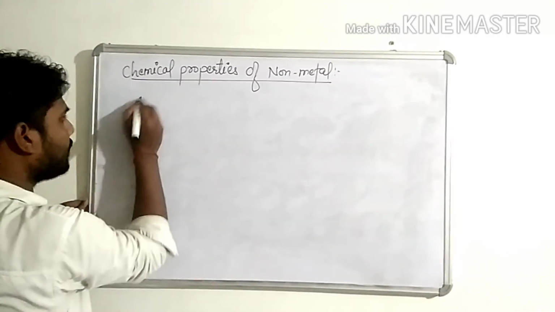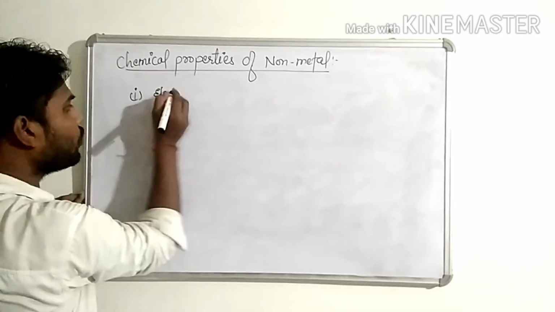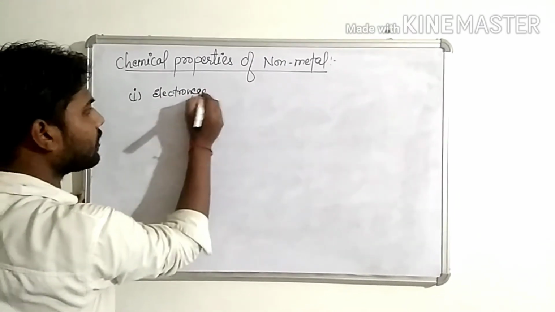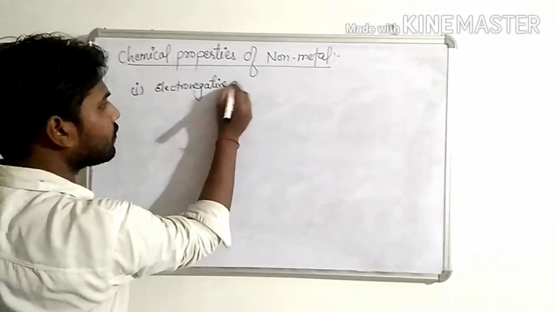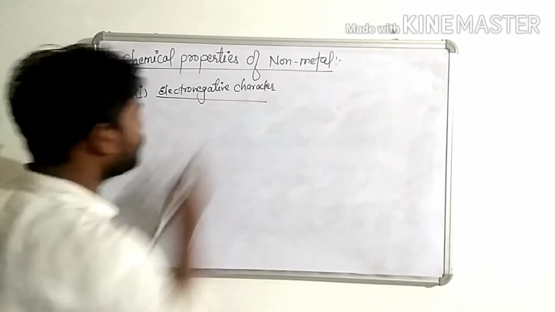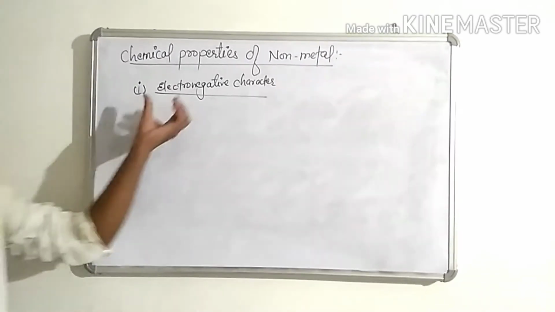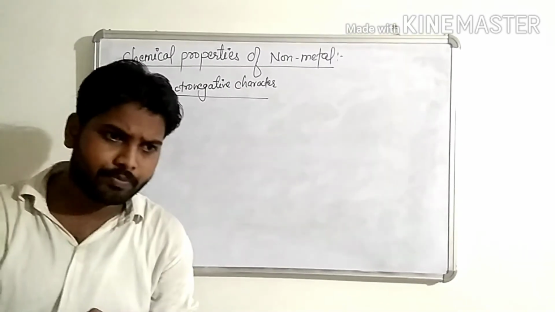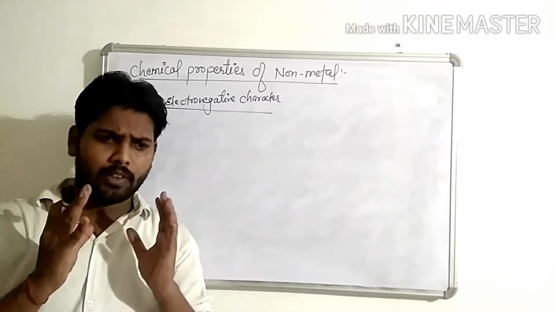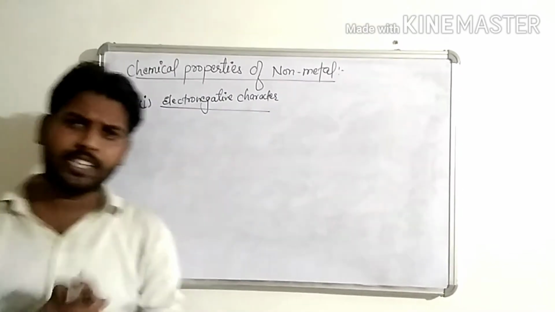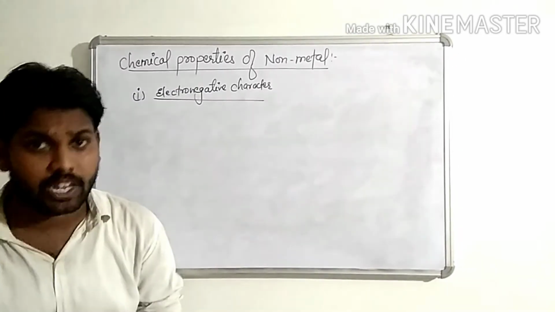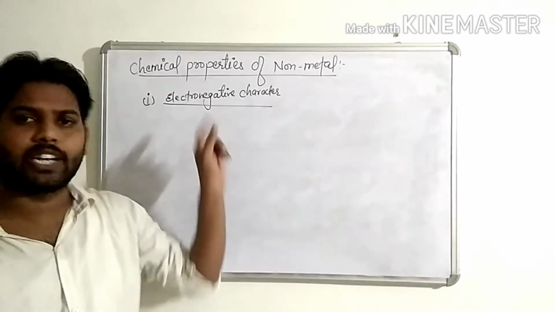The first chemical property is electronegative character. The word electronegative means the element which has a tendency to gain electrons and form a negative charge.